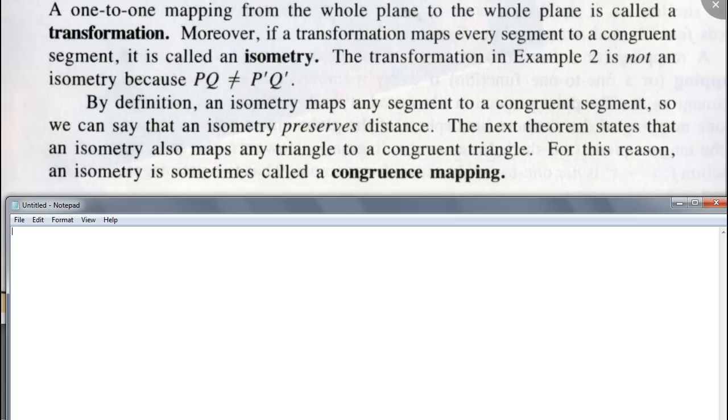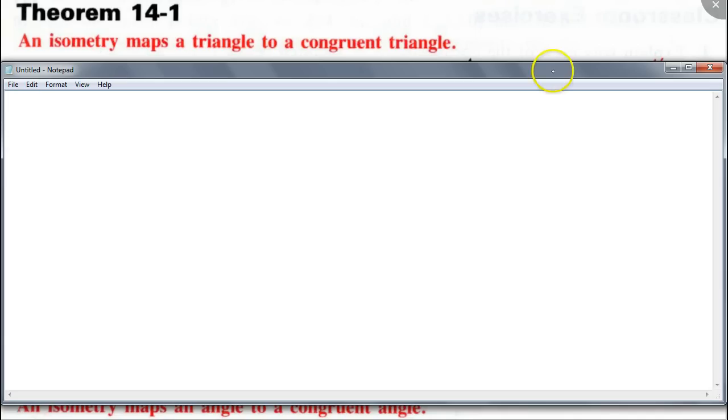So from this, we had a theorem. Let's go to the theorem. Isometry maps a triangle to a congruent triangle. And this was really easy to prove because, yes, first of all, you need the definition of the isometry. The mapping was an isometry. That's what makes it really easy, right?